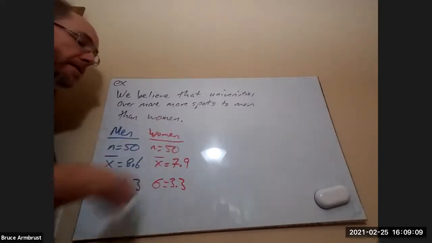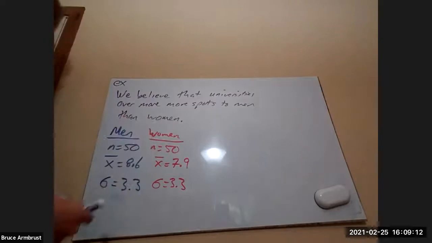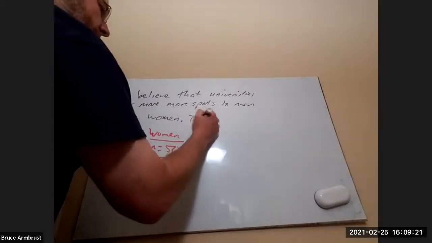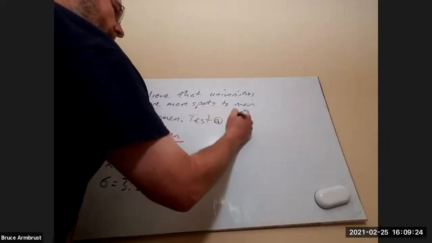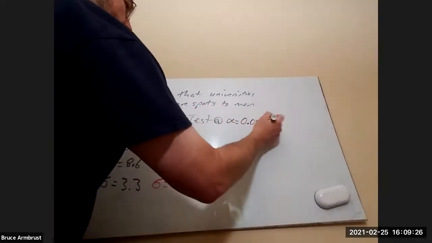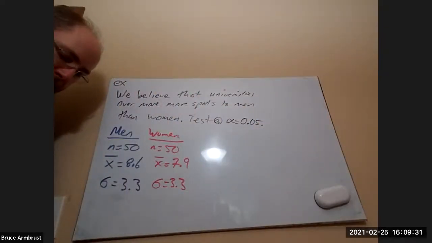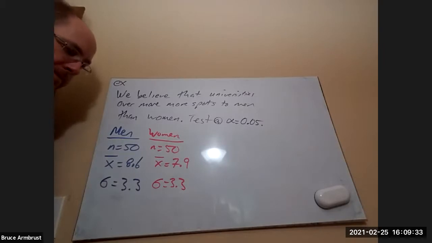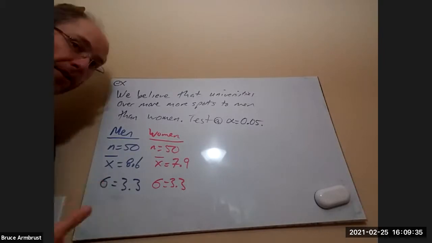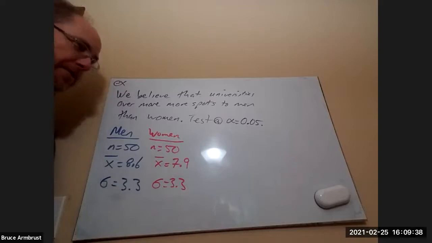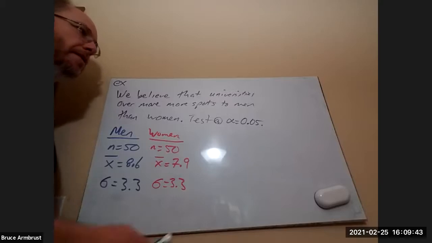All right, so let's test our hypothesis, and let's just say that we're going to do this at the usual alpha equaling 0.05. So we'll go with the 5%. Let's start by writing our null hypothesis and our alternate hypothesis.